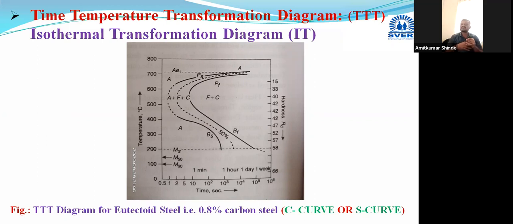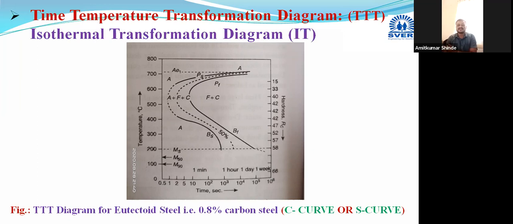Now after giving some holding time or soaking time, all the samples are removed from this first furnace and are collected or taken to the second furnace.